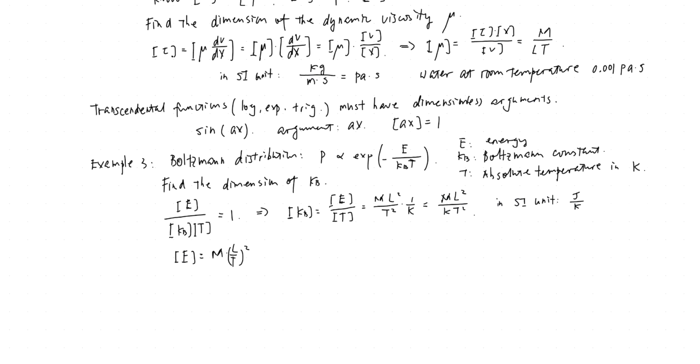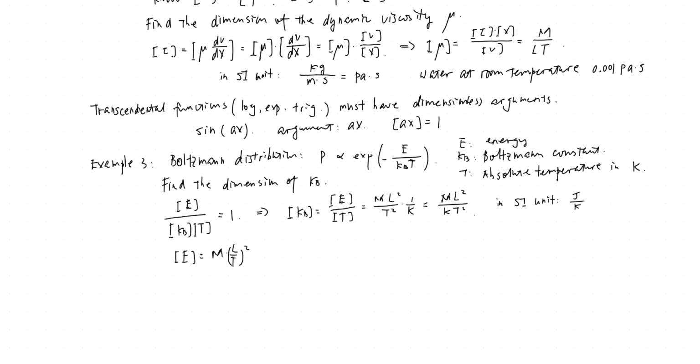So here we use the fact that the argument of the exponential function must be dimensionless, and then we can figure out the dimension of the Boltzmann constant if we don't know it ahead of time. But if you already know the dimension, then you don't need to go through this exercise. This is just to give you a tool that you can relate dimensions of physical quantities in one equation.